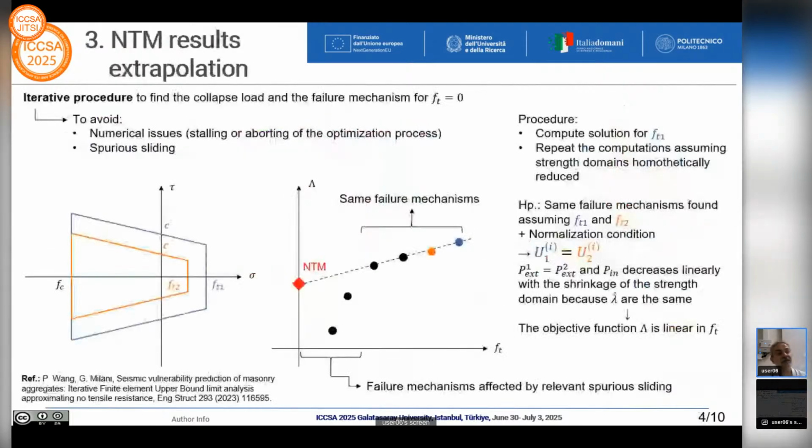But now let's analyze in this slide the problem of the non-tension material. When you deal with a non-tension material, and this is required by the Italian code, we can't circumvent such a problem. The problem mathematically is that the algorithm of limit analysis tends to become very small.